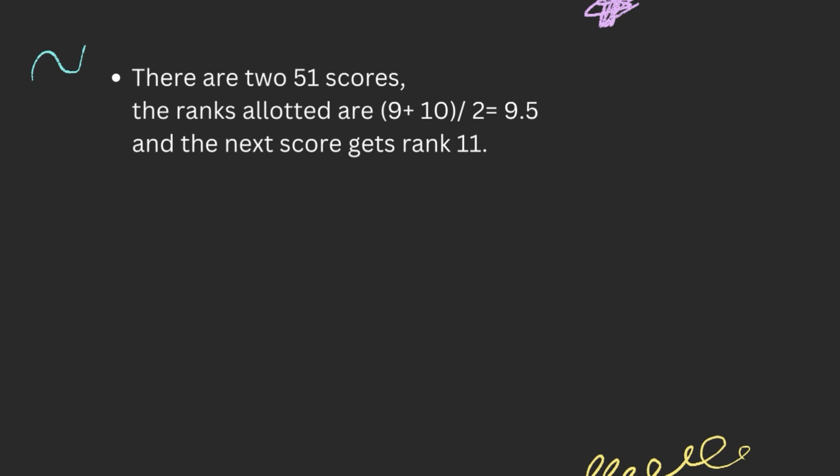As per the Spearman's rho procedure, suppose one comes at rank 9 and the second at rank 10. We first add these two ranks, 9 plus 10, and divide by 2.